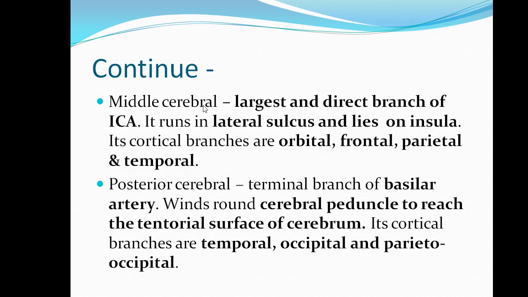Middle cerebral artery: it is the largest and direct branch of the internal carotid artery. It runs in the lateral sulcus and lies on the insula. Its cortical branches are orbital, frontal, parietal, and temporal.